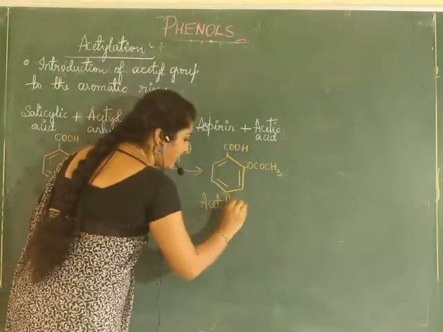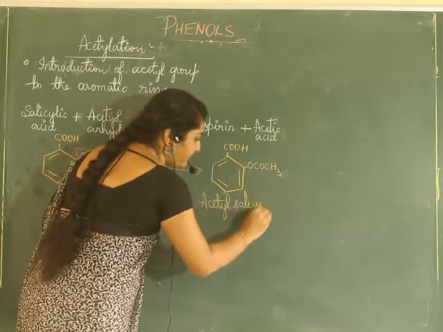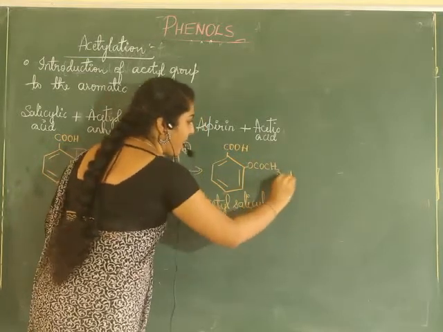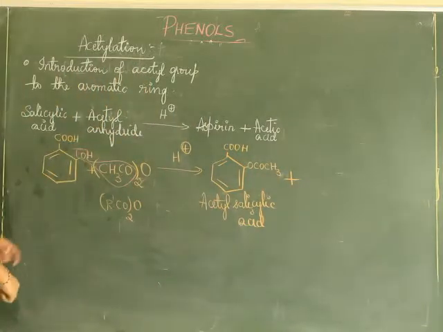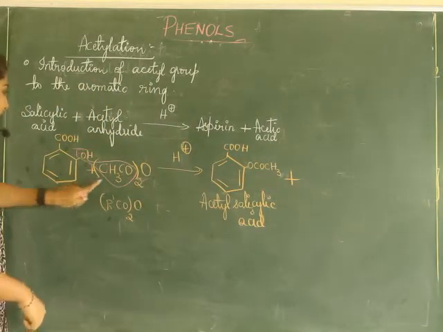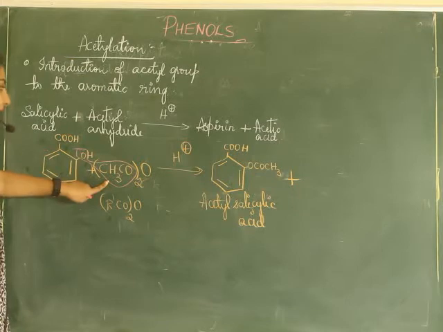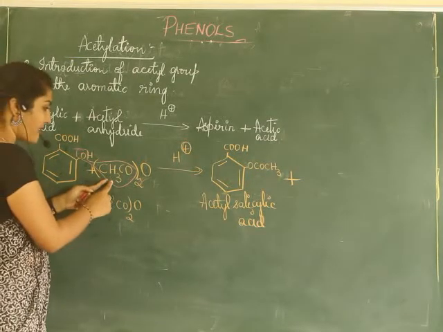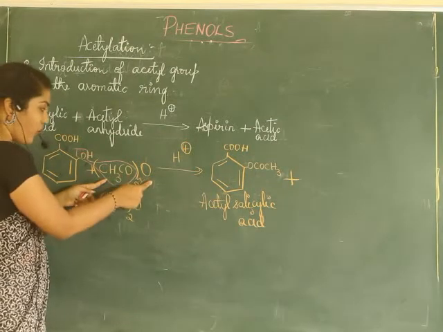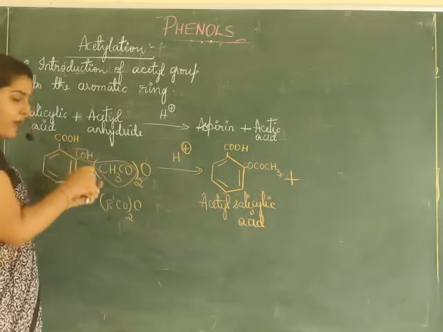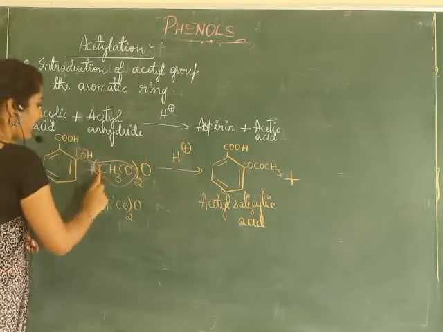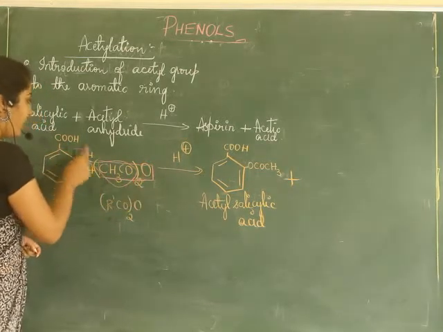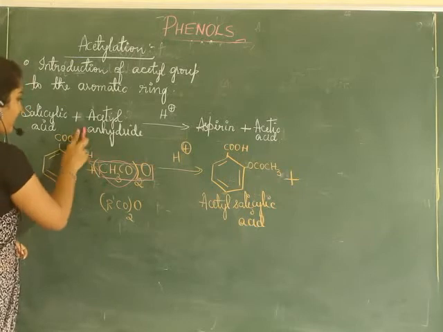Acetyl salicylic acid. Now, along with that, the byproduct formed is acetic acid. What is the formula for acetic acid? You have CH3CO, one more O, plus one H, from here.